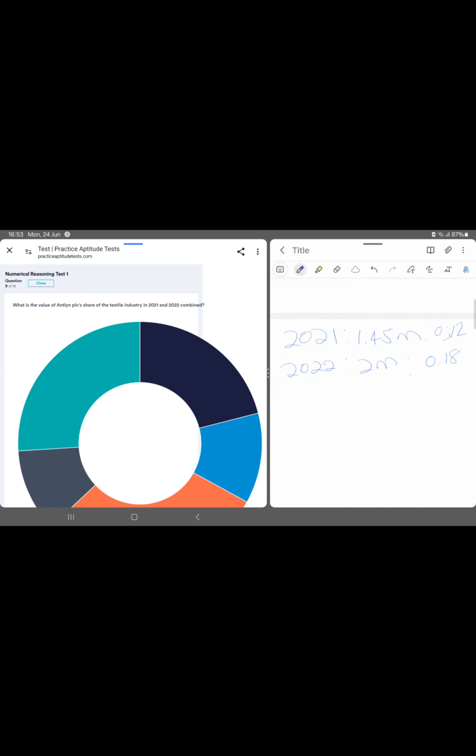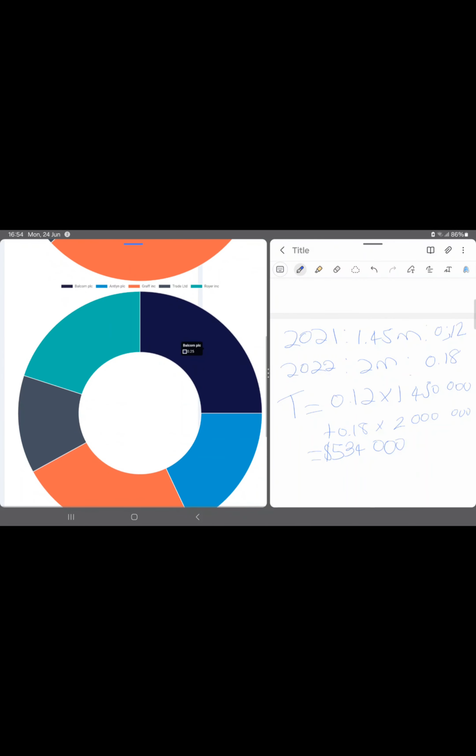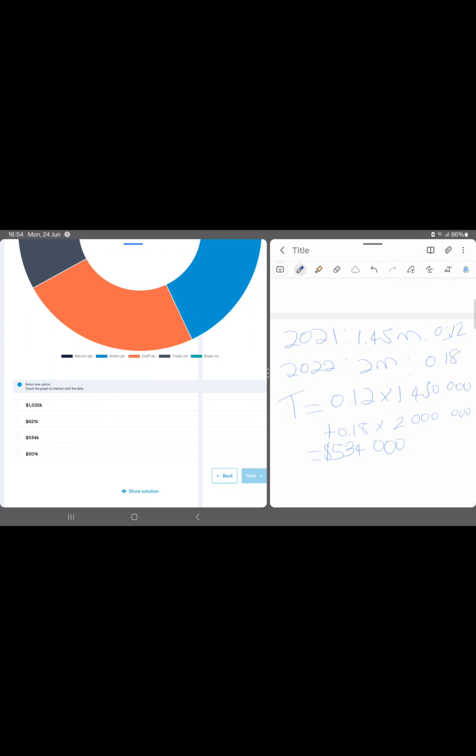I will represent our total by T. So we have 0.12 for 2021 multiplied by 1.45 million, and then you add it with 0.18 multiplied by 2 million. Then you can just slot that into your calculator. So our total is $534,000, which is option number 3.